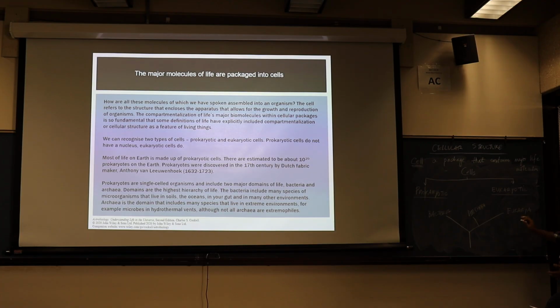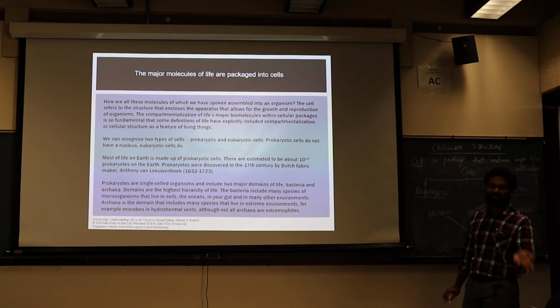Eukaryotic organisms or eukarya. These are the three domains of life. So this gets into phylogenesis, phylogenetic trees and so on. So we will discuss it when the time comes.